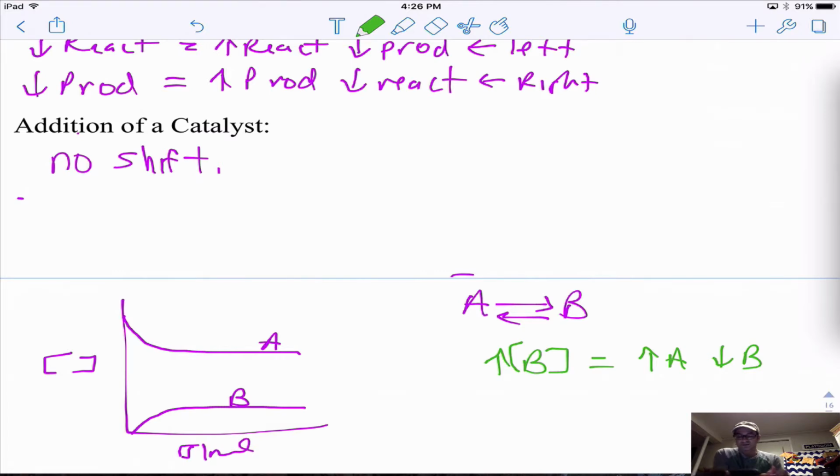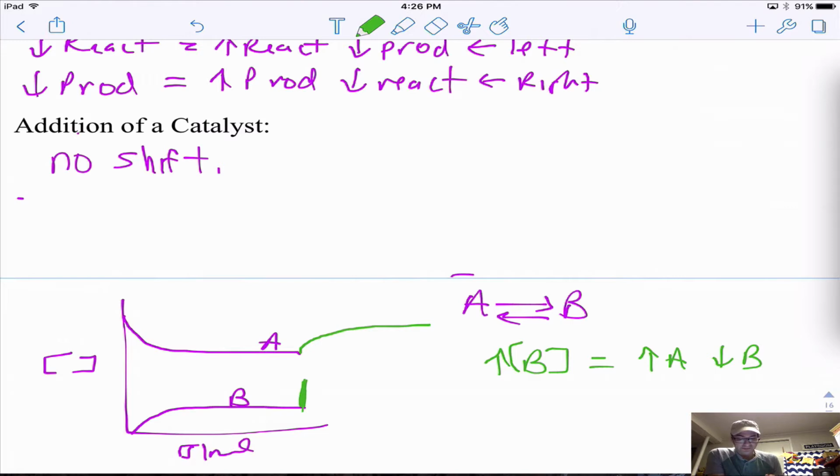So let's do that on the graph here. Let's stress out the system by having a sudden increase in B. Like we said, A would increase. So the change looks like this. A increases slowly.